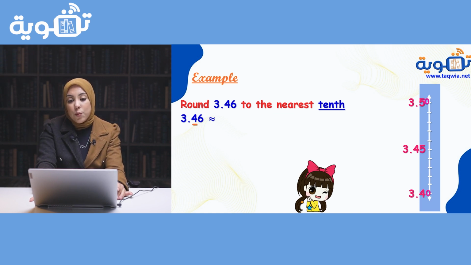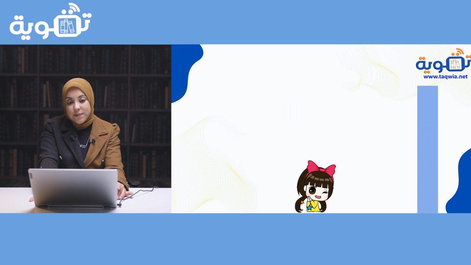Now we have to put our given number on the number line. We have 3.46, and we're going to put it here. Is 3.46 below or above the midpoint? Here it's above the midpoint, so we're going to round up. Our answer here is 3.5.